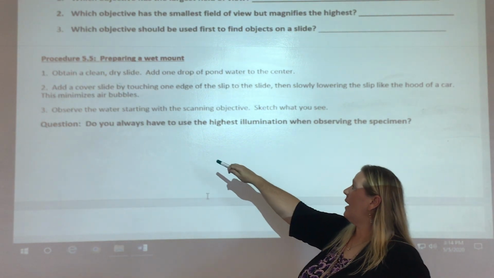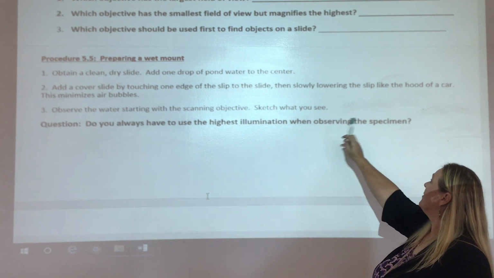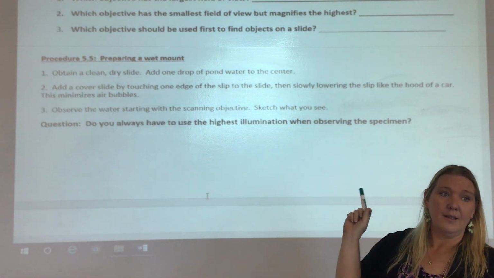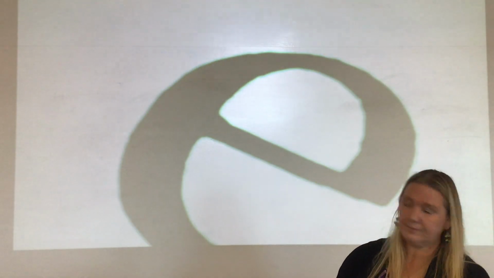Do you always need to use the highest amount of light, the highest illumination, when observing a specimen? The answer will be, let me go here, when we're looking at this.